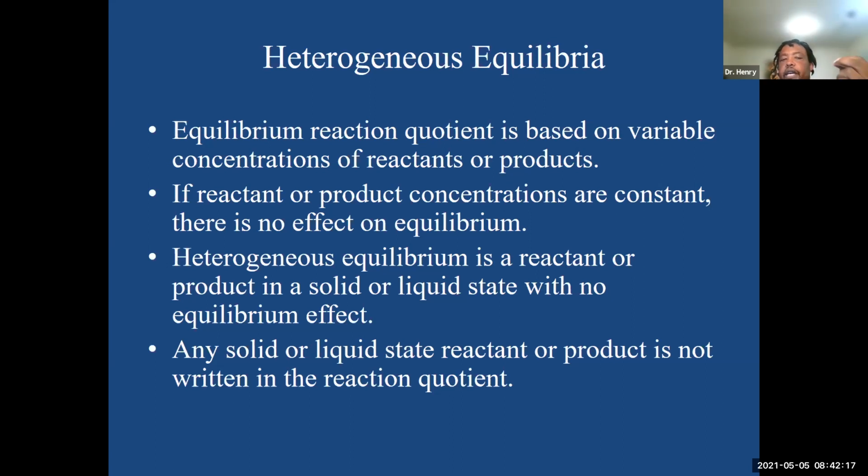The only things that you're going to be taking into consideration are gases and aqueous solutions. The reason why you don't take liquids and solids into consideration is because, if we're working with a solid, it's dependent on the surface area of that solid. And so really what's going to cause that reaction to happen is whatever it's surrounded with, that gas or that liquid. So that's what's going to be affecting your equilibrium. Okay, does that make sense?